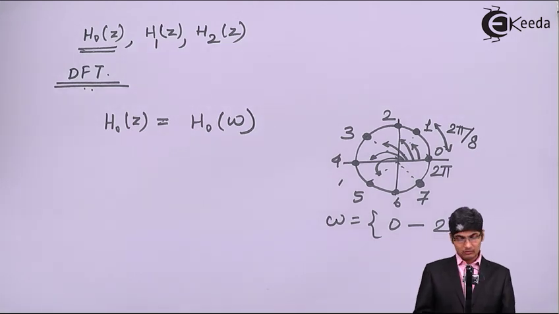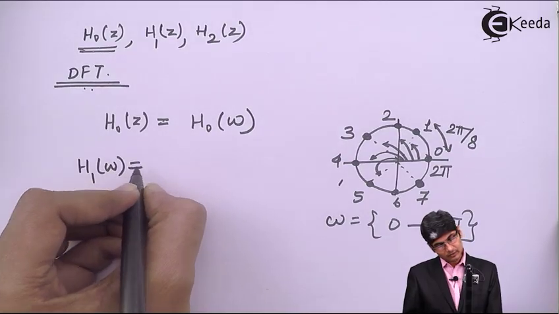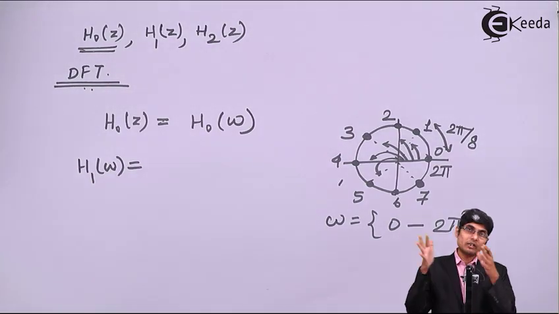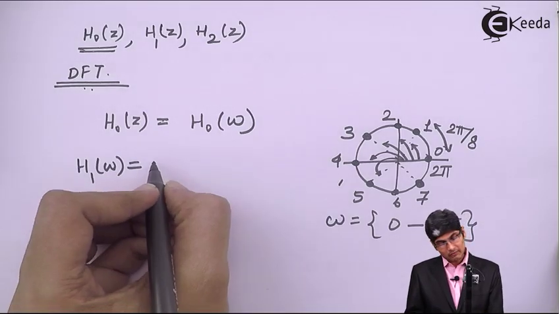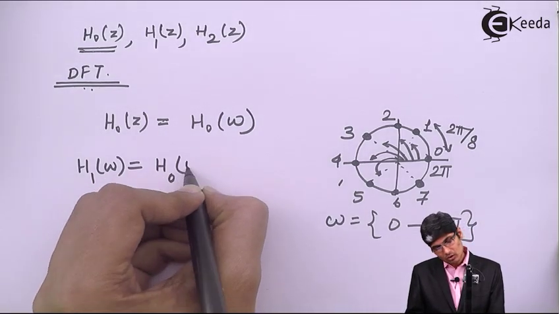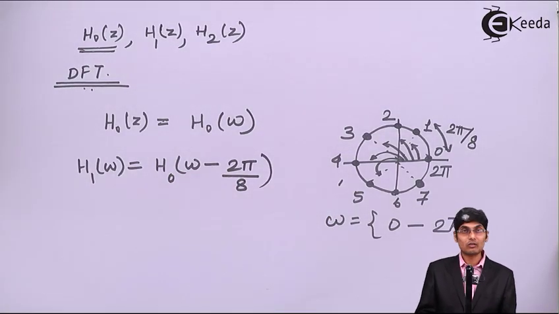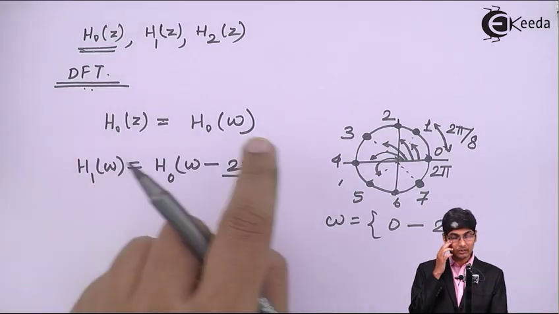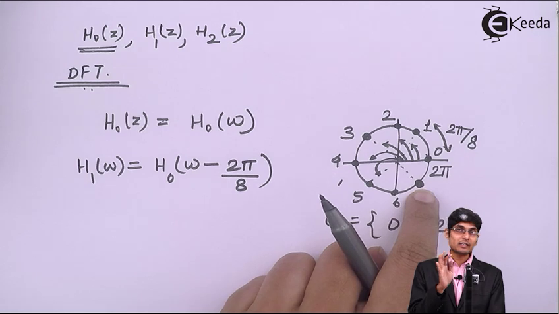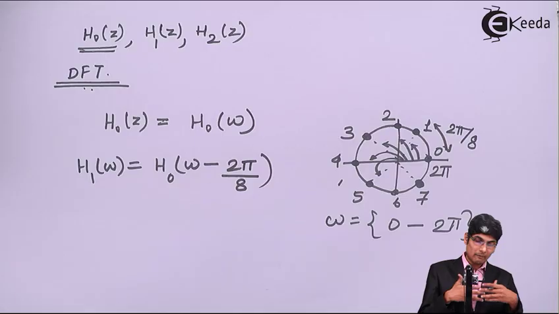Let's say my first value, h1 of omega, is obtained by shifting the whole transfer function, or whole frequency spectrum, by a value of 2 pi by 8. So I will now have h0 of omega minus 2 pi by 8. That is, first I am using DFT, because I am frequency sampling. What I am doing is shifting the whole spectrum by some factor.